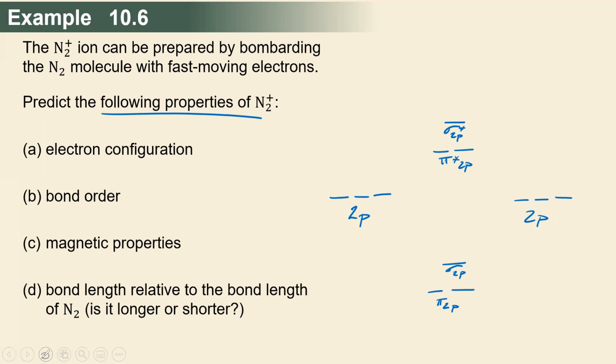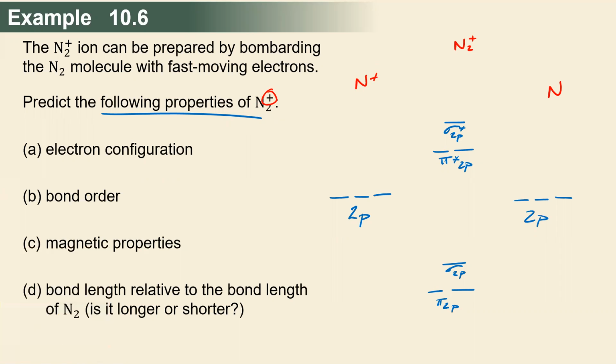And so remember, I told you that when we make an ion, we need to make one of those two atoms our ion with plus or minus the number of electrons. And so it doesn't matter if you do that on the left or on the right. I'm going to make this one my plus. And so if it's a plus, it has one fewer electron.